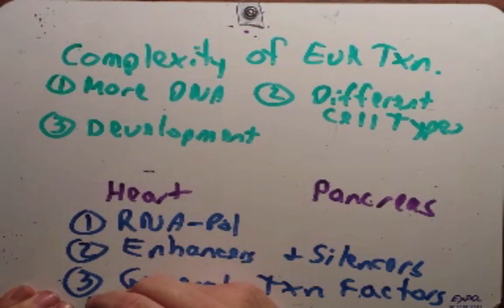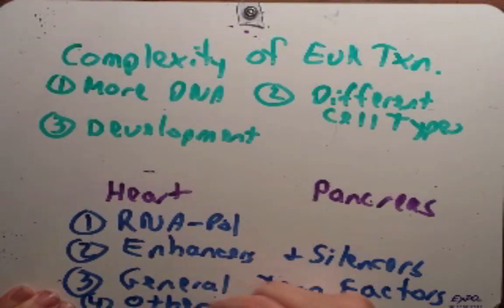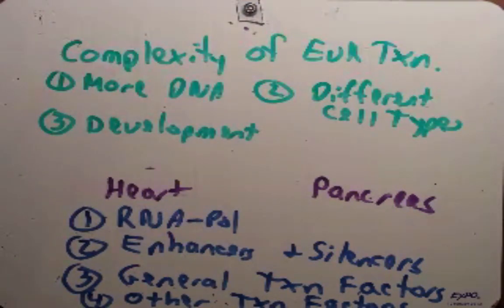And I should also say, put a fourth one here, other transcription factors. We haven't talked about these last two yet, but we will now, because they explain a lot about which genes are turned on or off.